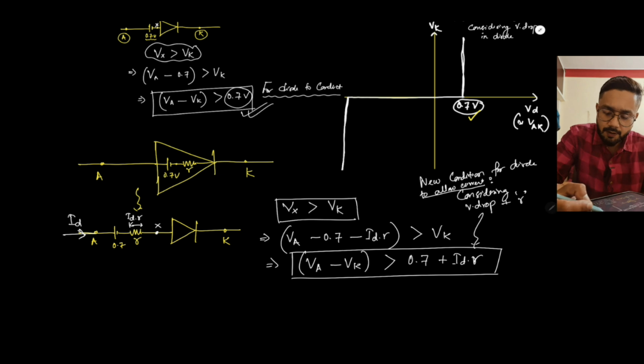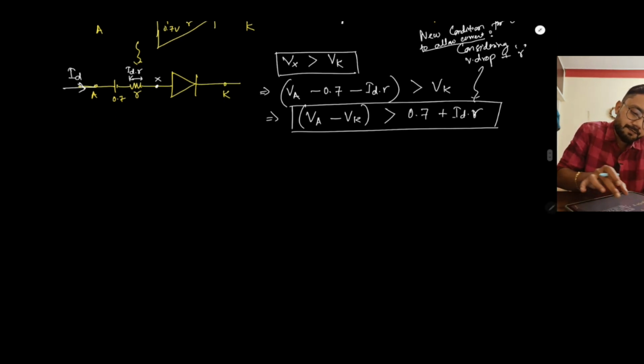Okay, so now considering this voltage drop plus the resistance, again how will the VI characteristics look?